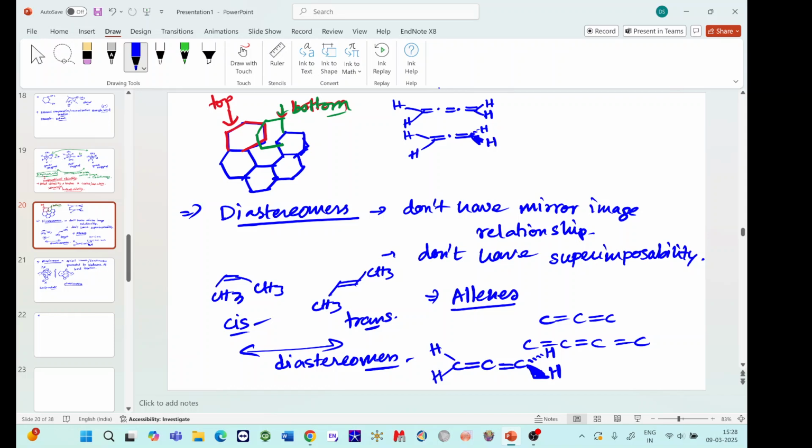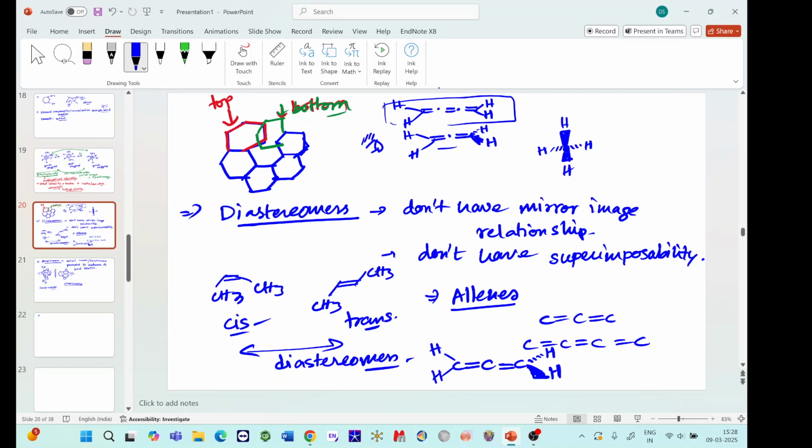Okay, so here you have a mirror plane. This is your plane. Okay, but this one you can consider it as, if you view through this angle from this side, you can see two hydrogens that are coming on the top, okay, and two hydrogens that are going behind.